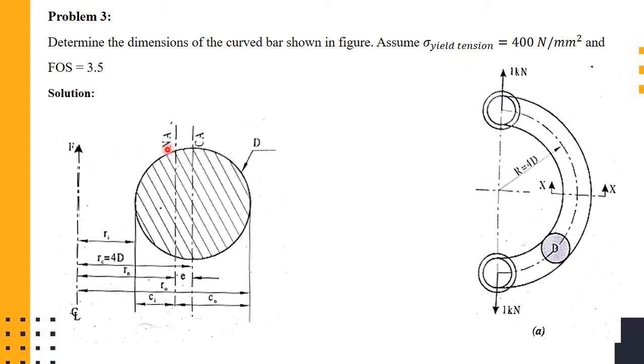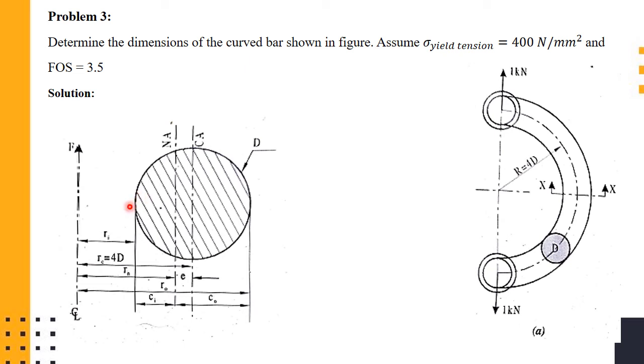As I have always specified, neutral axis for a curved beam will be shifted away from the centroidal axis. And where it will shift, don't think always neutral axis shifts to the right. That is not the case. Neutral axis shifts away from the centroidal axis, but it shifts towards the inner surface. Neutral axis always shifts away from the centroidal axis towards the inner surface.